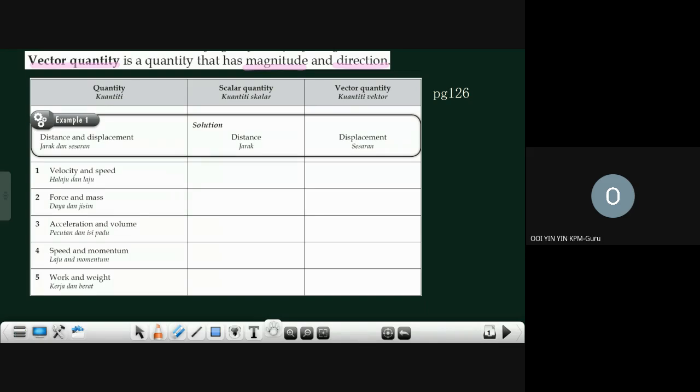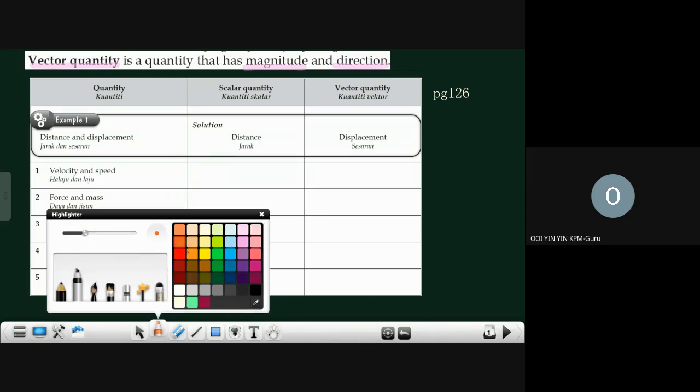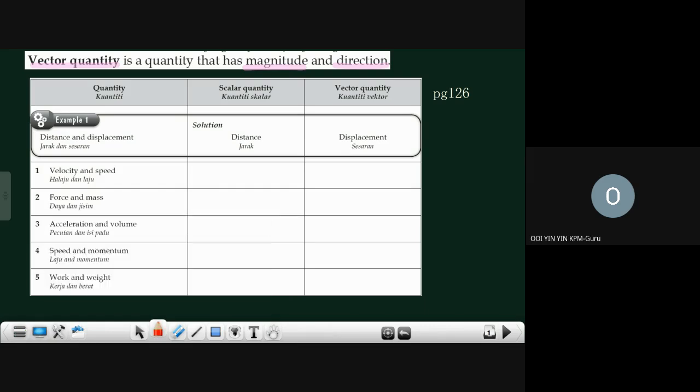You need to know how to differentiate these two. Now, first one here. Number one, we have velocity and speed. Out of these two, which one is scalar quantity? Which one is vector quantity?